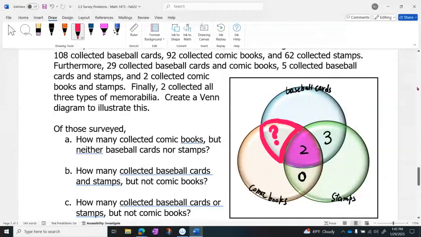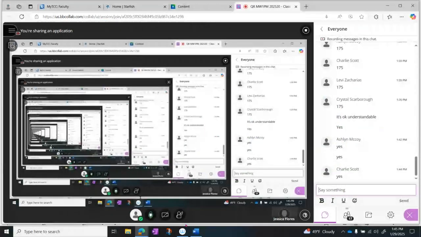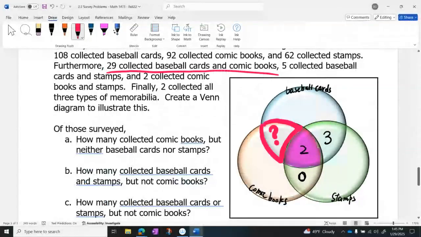Hint, we need to use this piece of information: 29 people collected baseball cards and comic books. 29 of them. So how many people are in that region that I highlighted? I have a question mark there. Would you help me to figure that out? Take your time. No rush.